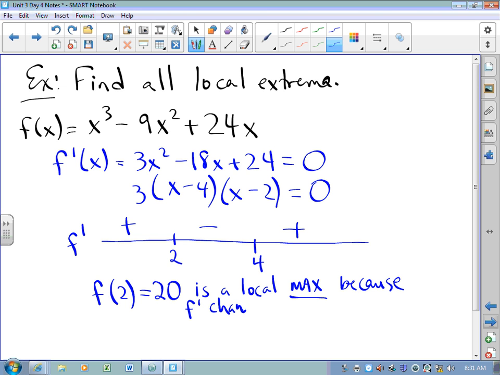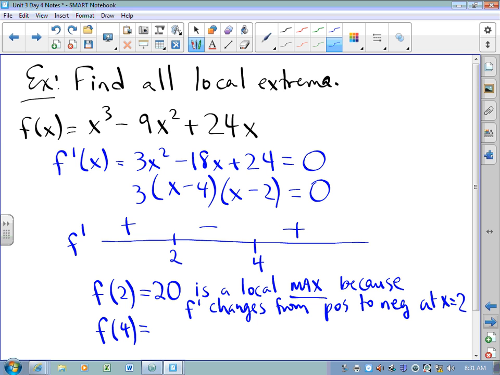F prime changes from positive to negative at x equals 2. And that's exactly how you want to write it down. That's exactly how you want to show the work. It's a local max because f prime changes from positive to negative at x equals 2.